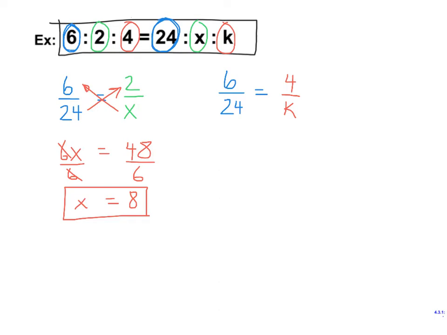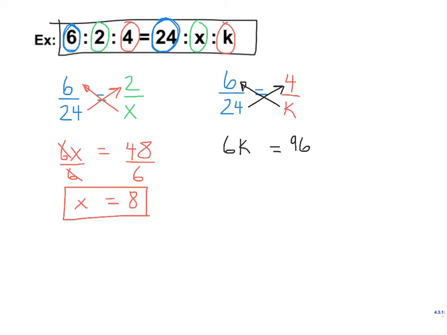I mean, on the left side, we have two numbers. We have a number over a number. And on the right side, we have a number over a number. So we have enough information to continue this problem. So what I'm going to do is cross multiply the k, and I'm going to end up with 6 times k on one side. Cross multiply the 4, and I end up with 24 times 4, which is 96.